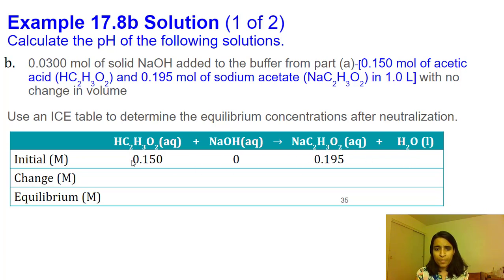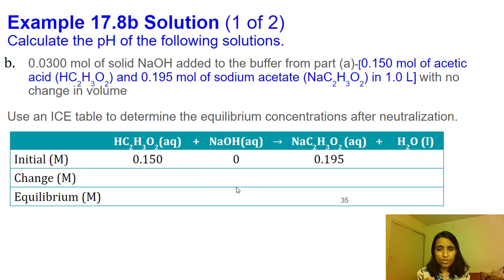Once you have done that, this question is saying 0.0300 mole of sodium hydroxide was added and the volume isn't changed. This is important because if volume is changed, we have to change the molarity, but we're not changing the molarity. So we're going to have 0.0300 over here.